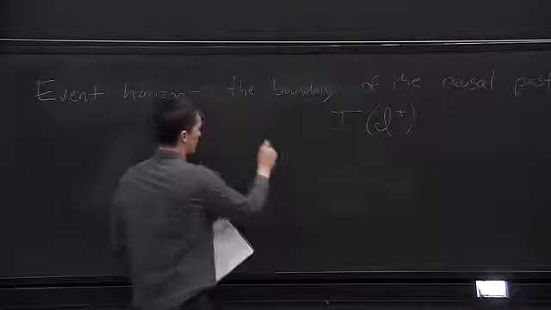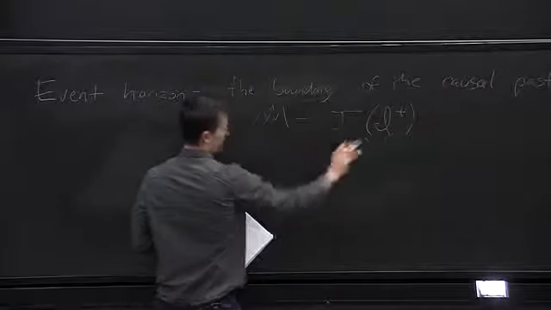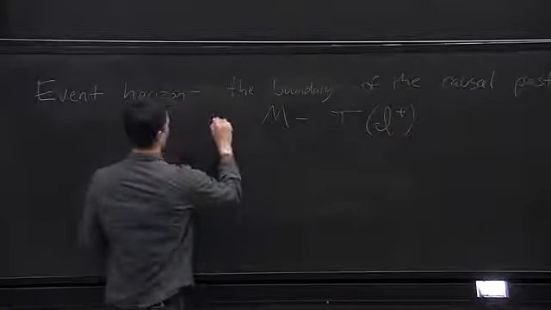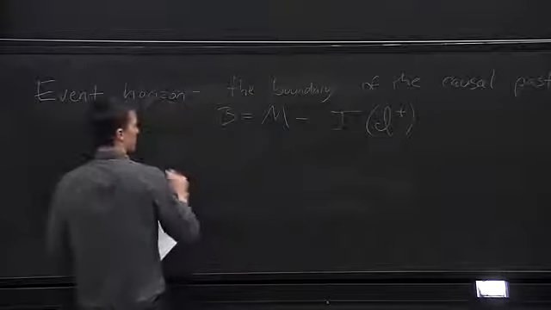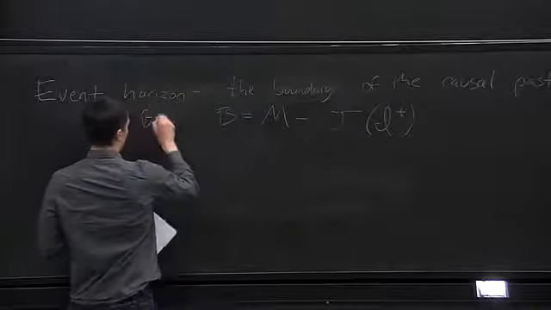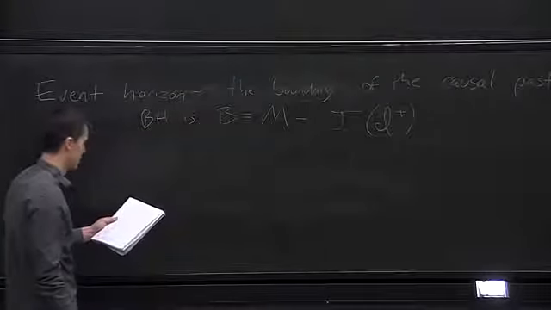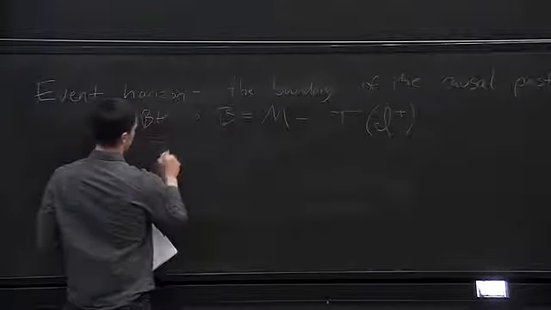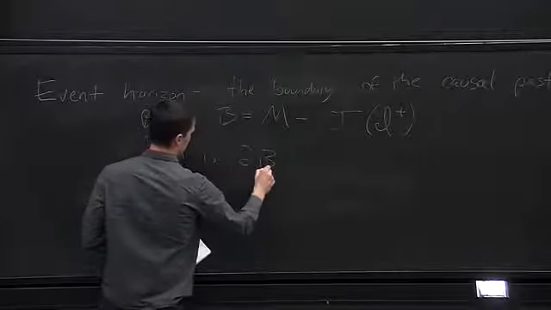So we take our manifold and we subtract this part, which is outside the event horizon, and then our black hole is the remaining part of our manifold. And then the event horizon is just the boundary of this.